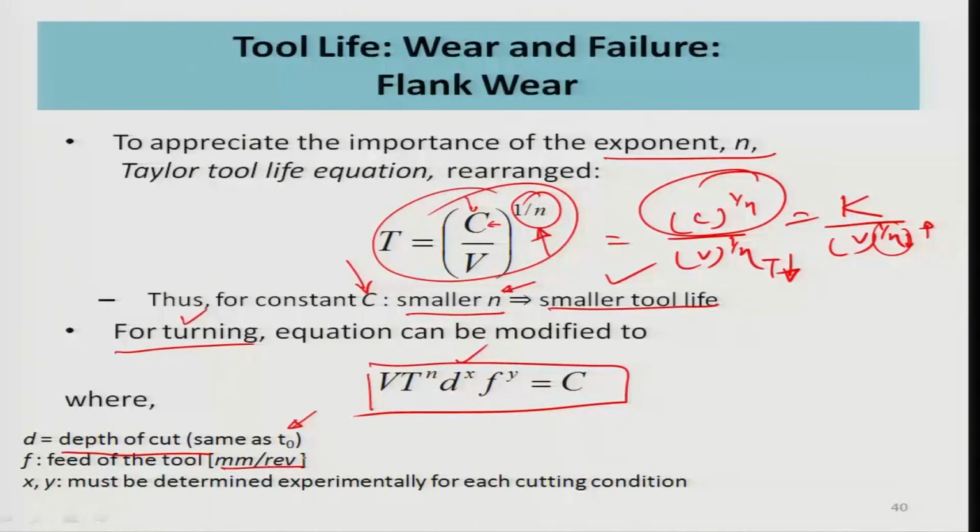Okay. And again the coefficients x and y are determined experimentally for each cutting condition, and it is more like an empirical relationship, just like the original Taylor's tool life equation of v t to the power of n equal to c.